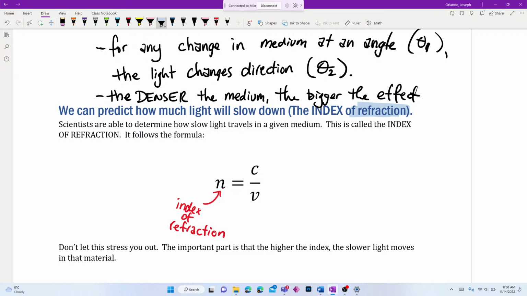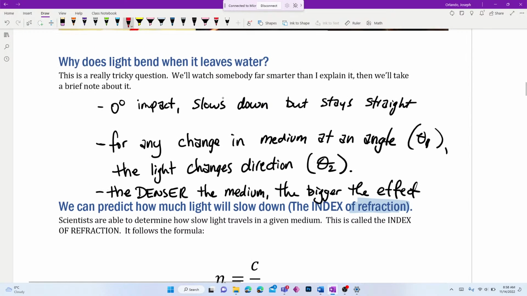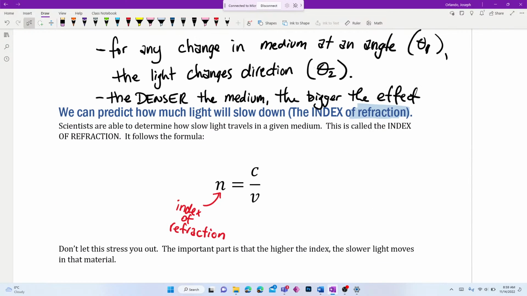Refraction refers to light slowing down and bending. This whole process here is called refraction. So the index of refraction just tells you the ratio of light speed in a vacuum, which is what C is. This is the speed of light with nothing slowing it down.